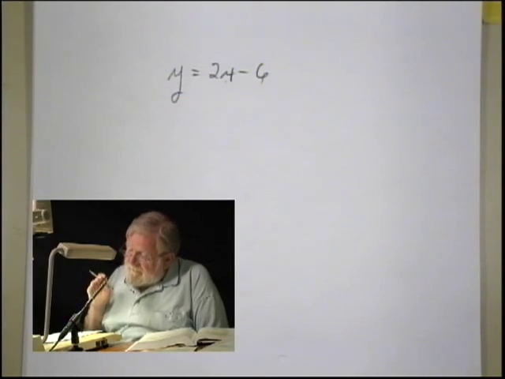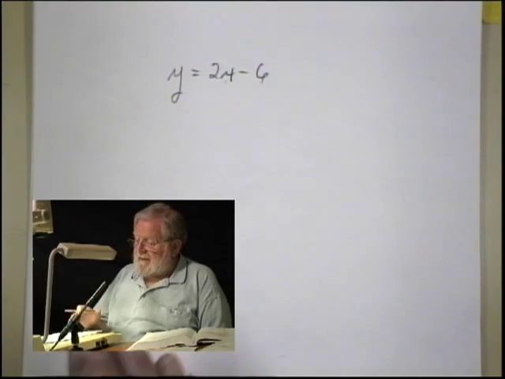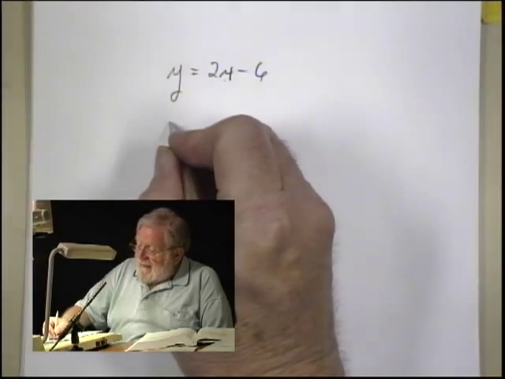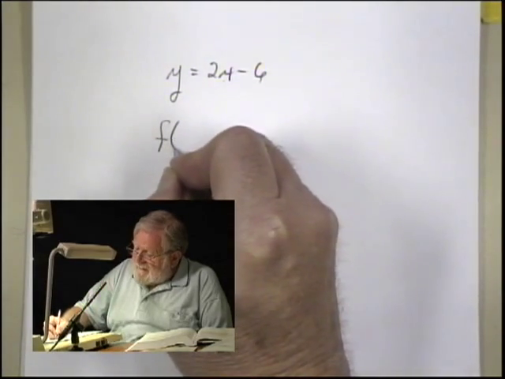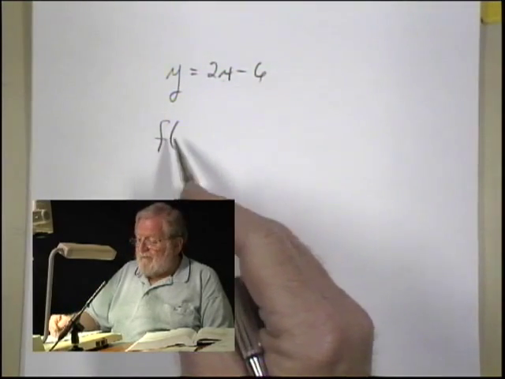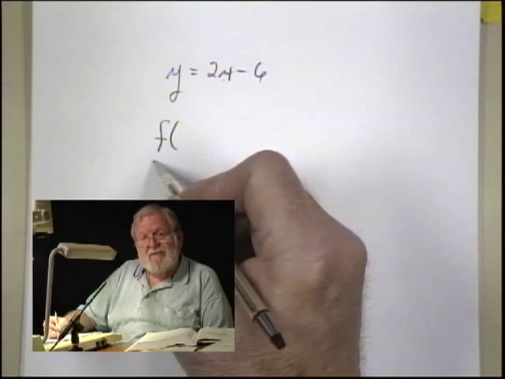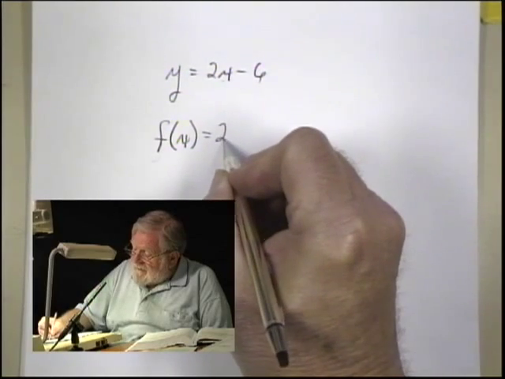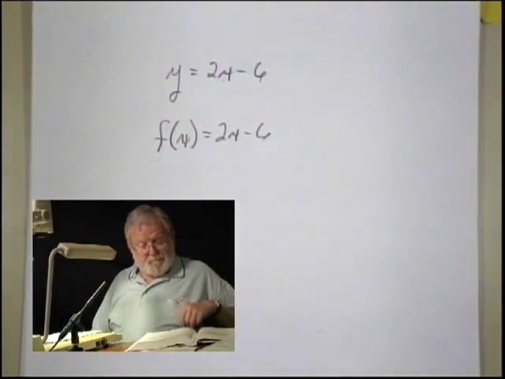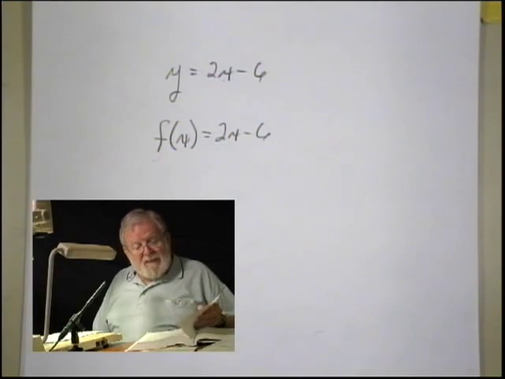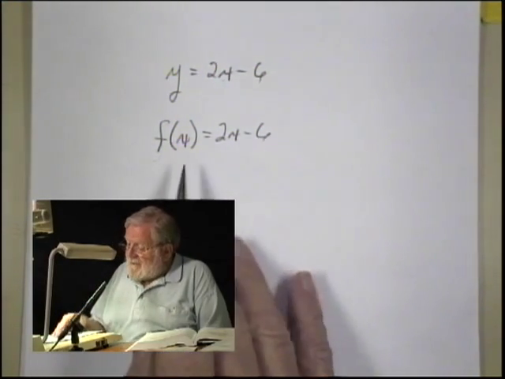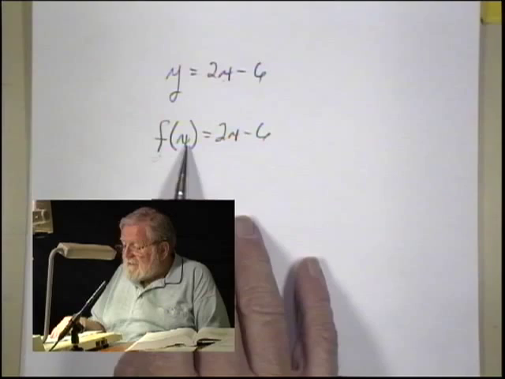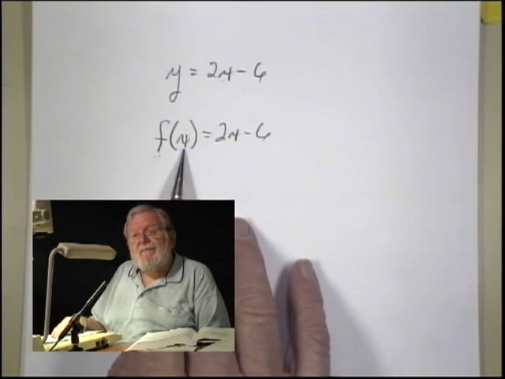So if we wanted to show that this equation is a function, we would use function notation. Function notation starts off with, usually an f, although sometimes a g is commonly used. f of x equals 2x minus 6. What this is telling us is that we have a function, and the function is a function of x.